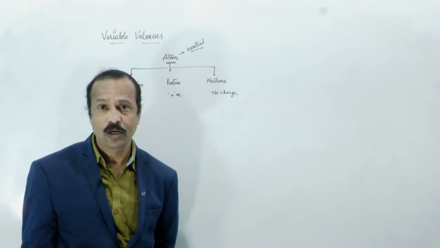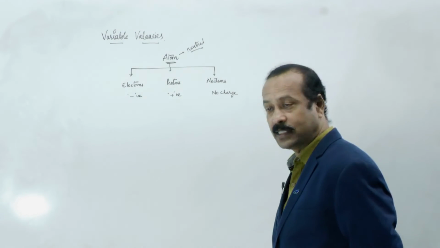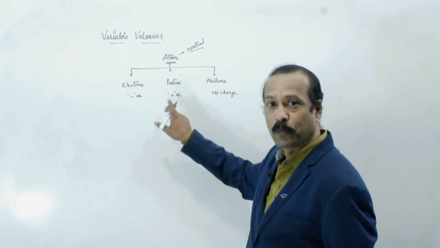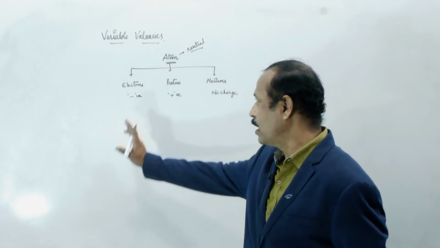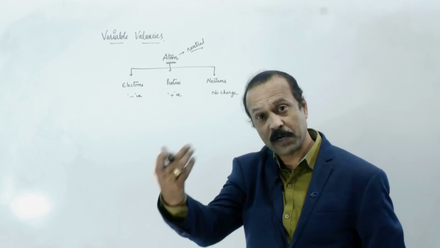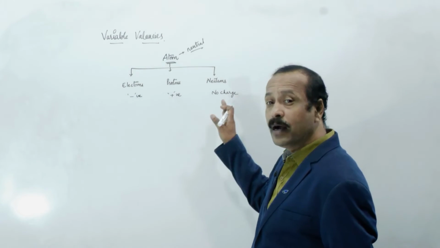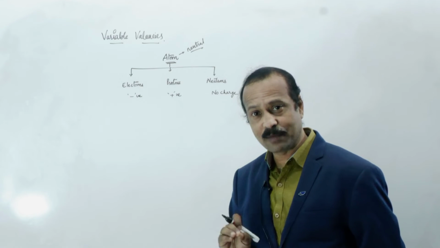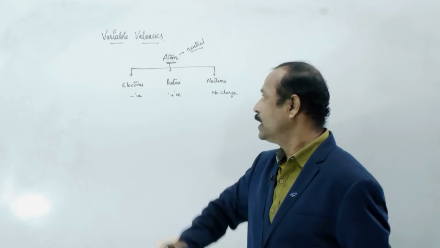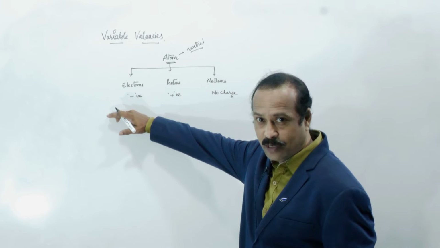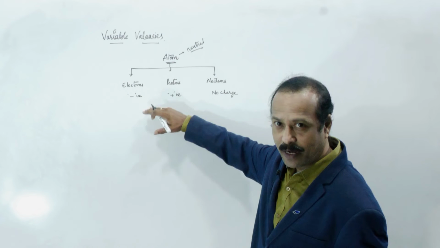Even though the atom has electrons, protons, and neutrons, negatively charged, positively charged, and neutral particles, still the atom is neutral. Can you say why? Because the number of electrons is equal to the number of protons in an atom.